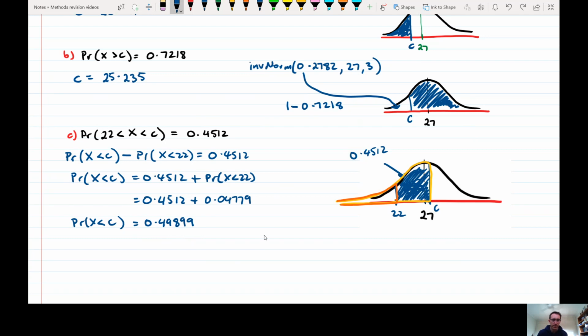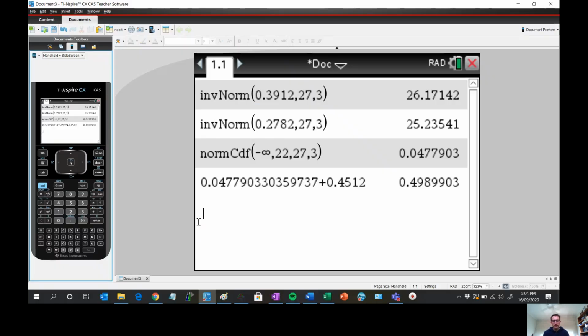But what we now do is use the inverse normal option. So this here tells me all the yellow area that we had before. All the yellow area. And that's what I want. So we use our inv norm. We put the 0.49899 in there. We put our mean of 27 and our standard deviation of 3. And then you'll find from that, let's put in here, value.